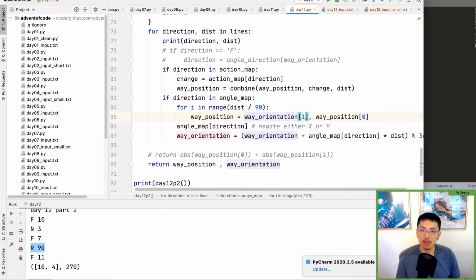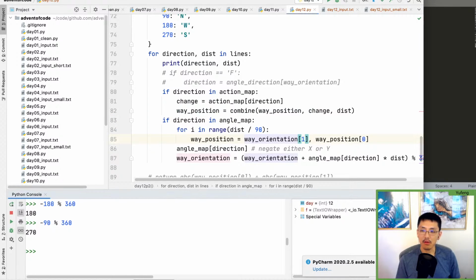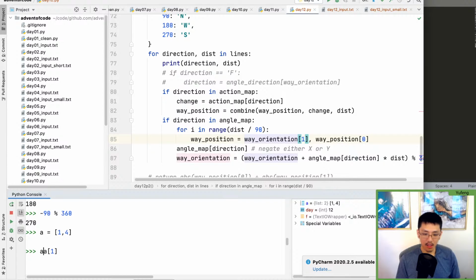This should work. Let's just confirm that real quick. A is 1, 4. A at 1, A at 0. A gets that.